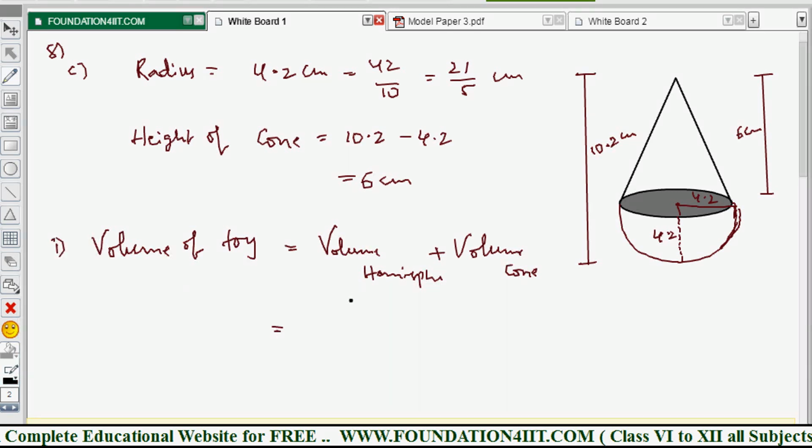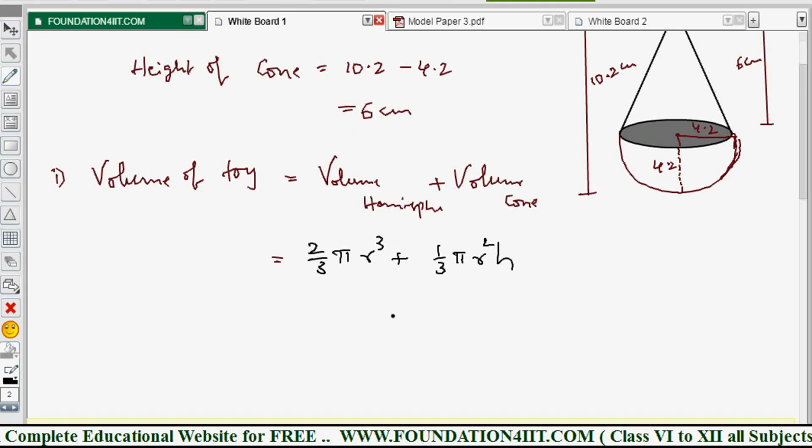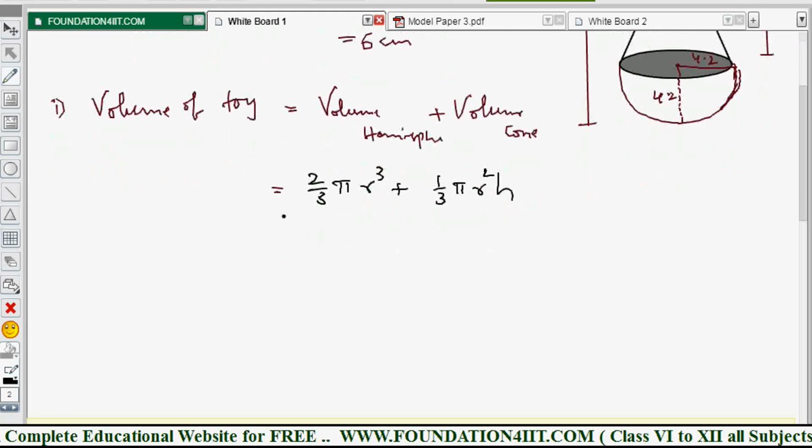You can solve the problems easily. Volume of the hemisphere is 2 by 3 pi r cube, and volume of the cone is 1 by 3 pi r square h. The radius is the same for both and the height is different. To simplify the values, I have taken r as 21 by 5 for easy calculations.